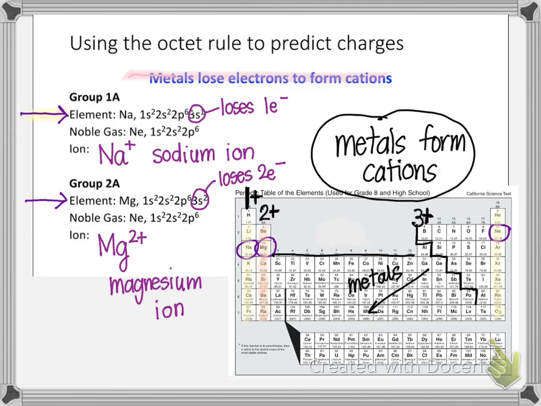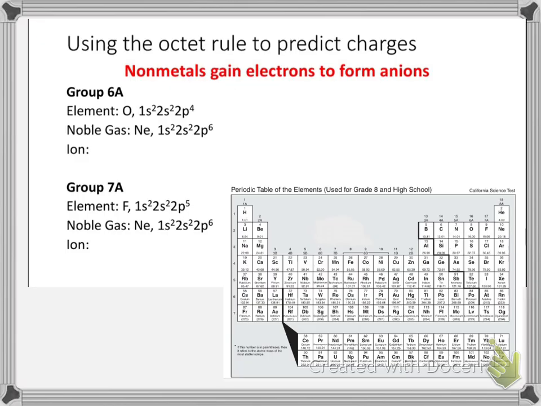So now let's take a look at the anions. Let's take a look at the other side of the periodic table. Here we're looking at group 6A, and I want you to look at oxygen.